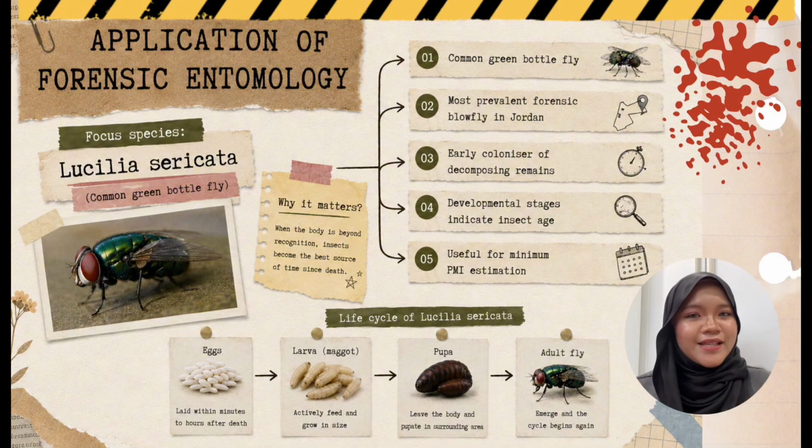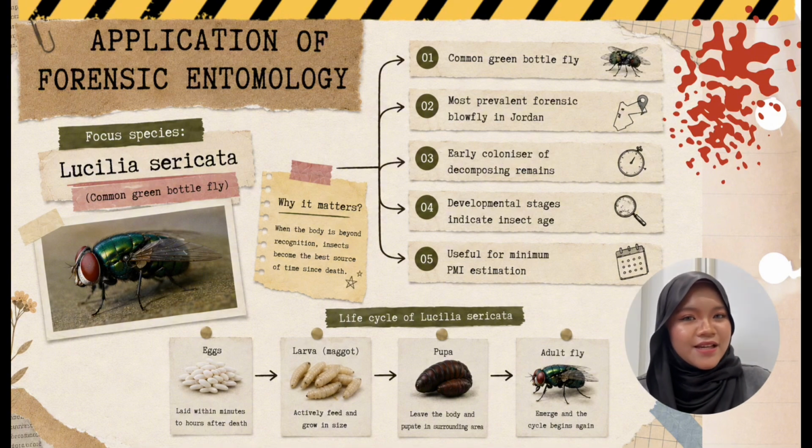Since blowflies lay eggs shortly after death, their developmental stages can provide information about the age of the insects. By analyzing these developmental stages, forensic entomologists can estimate the minimum post-mortem interval, also known as PMI, and obtain biological evidence related to the time since death.